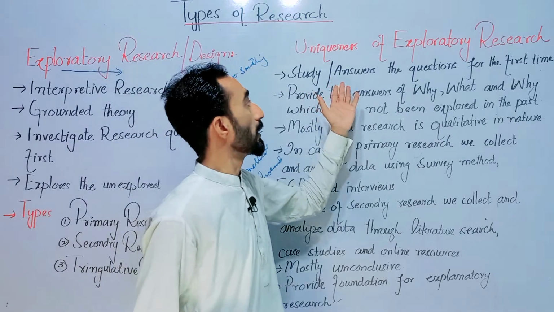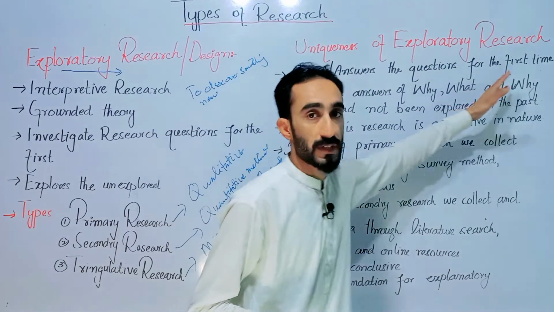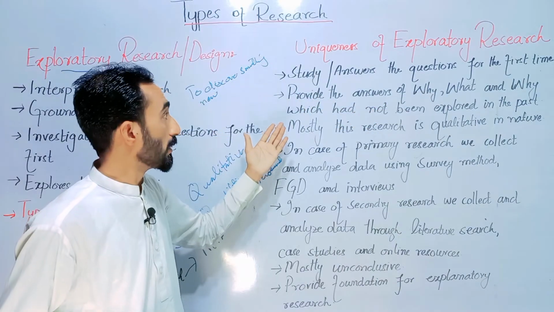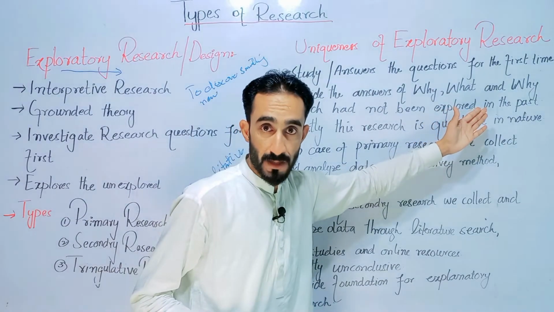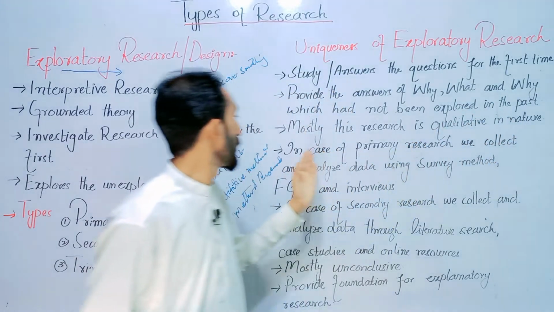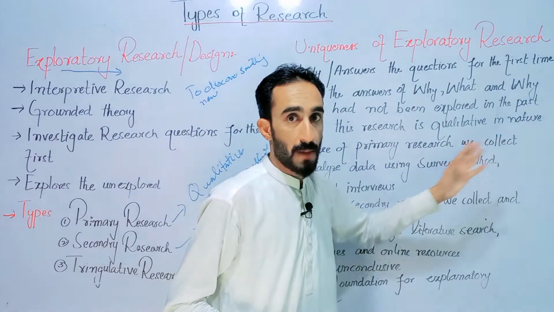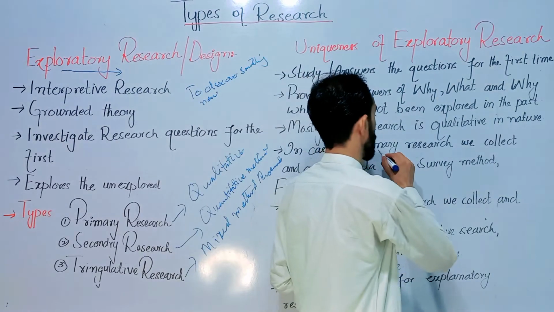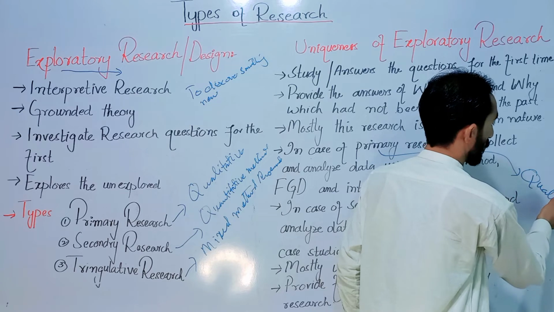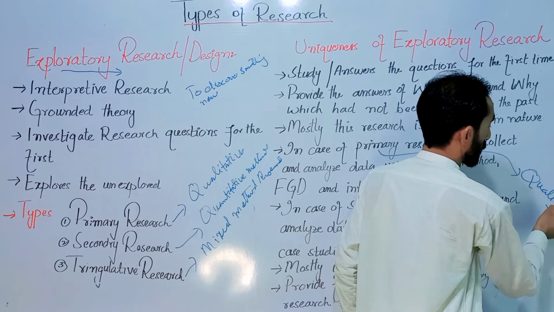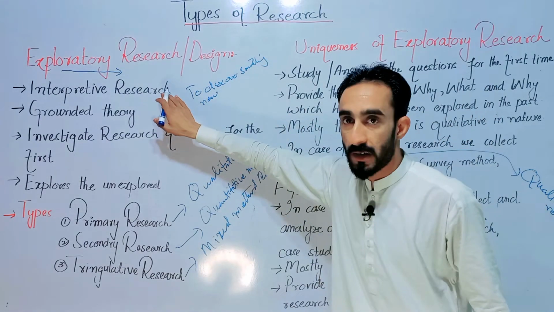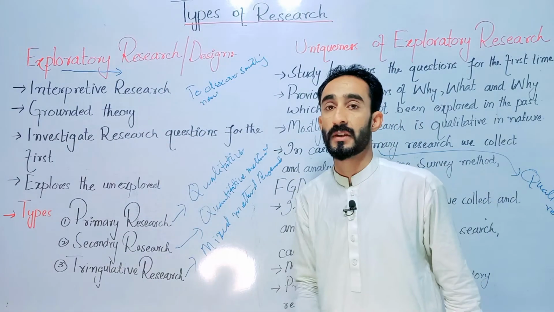Exploratory research studies or answers questions for the first time, and provides answers of why and how which had not been explored in depth in the past. Mostly this research is qualitative in nature, in the case of primary research, which is mostly interpretive research or grounded theory research.